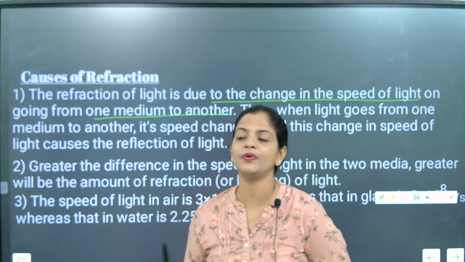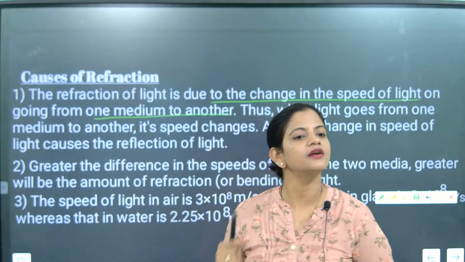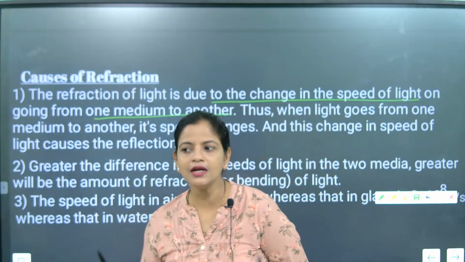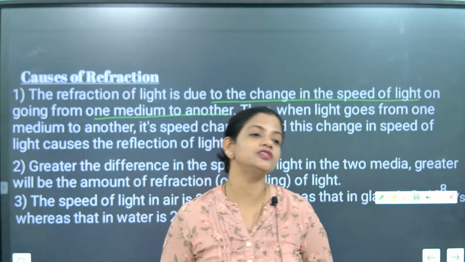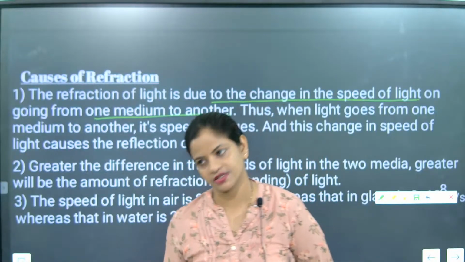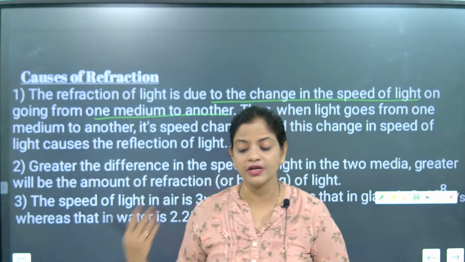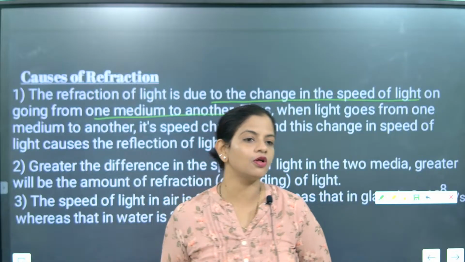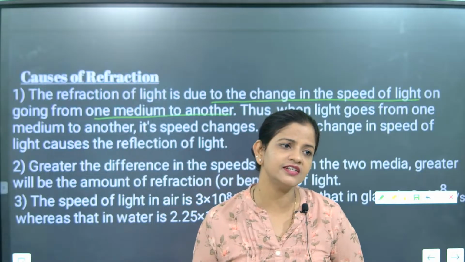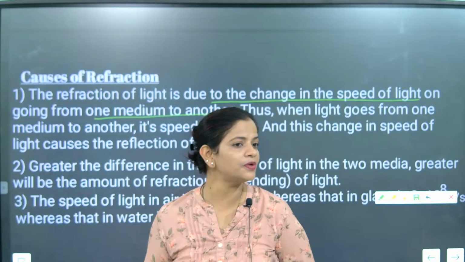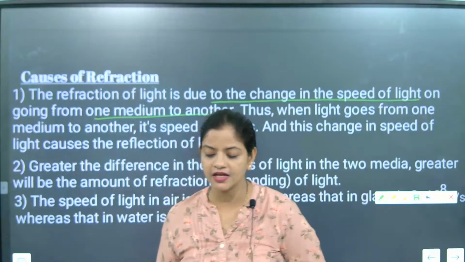Because of change in optical density. So who is the real culprit? Optical density. It is the optical density of the material which is changing the speed of the light rays. Air optical density is different, water optical density is different, glass optical density is different, kerosene optical density is different.